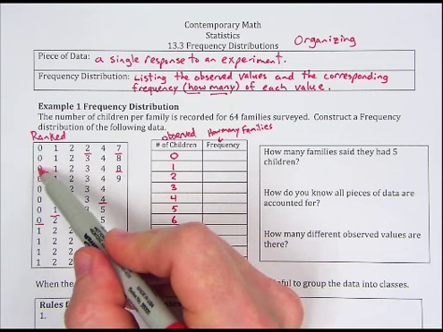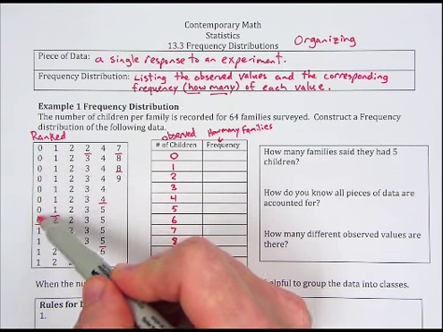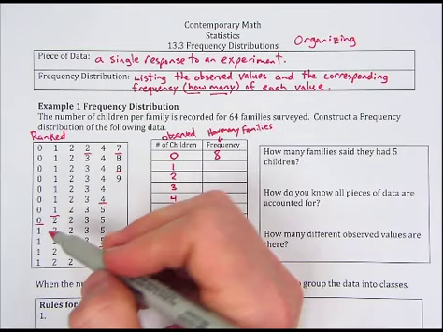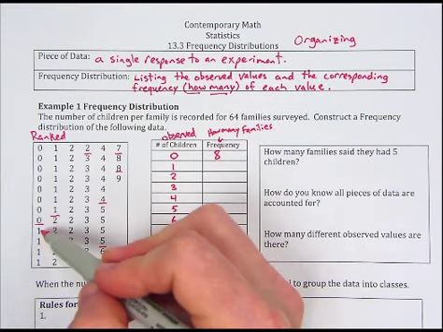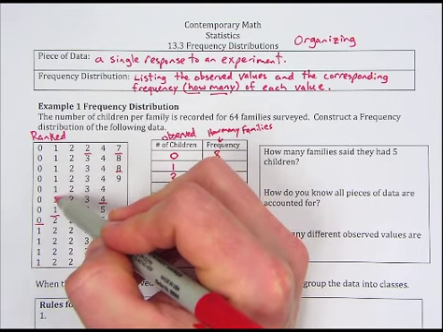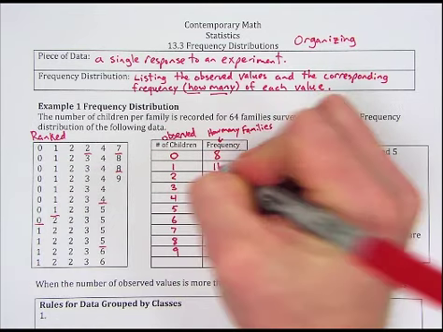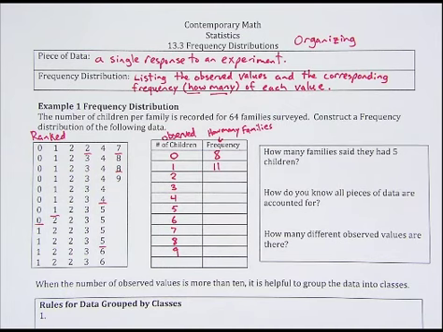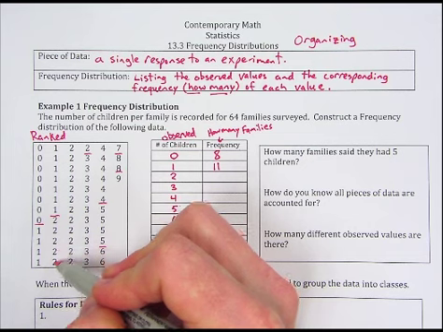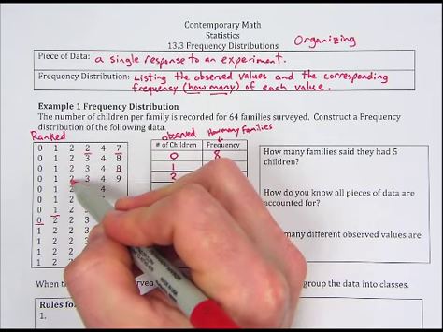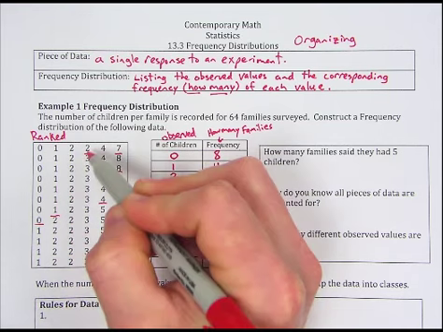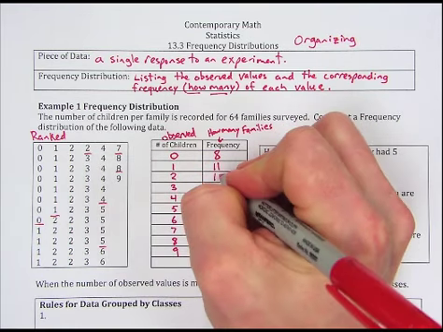So we have 1, 2, 3, 4, 5, 6, 7, 8. Okay, those who said 1 child, 1, 2, 3, 4, 5, 6, 7, 8, 9, 10, 11. And you can kind of count these up as we go. I get 18 there.